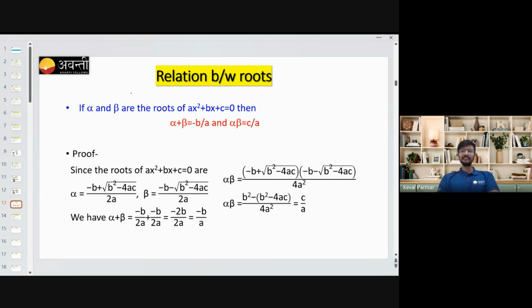This means that whenever a quadratic equation is given to us, we can always get two relations from there. That means we can get the sum of the roots and the product of the roots.